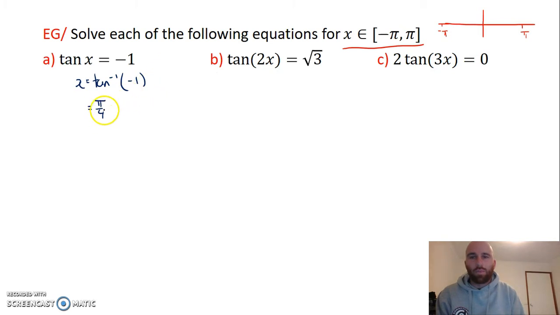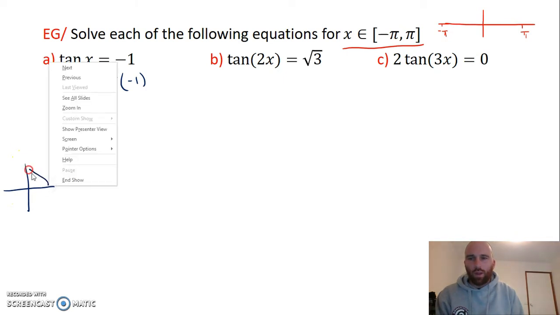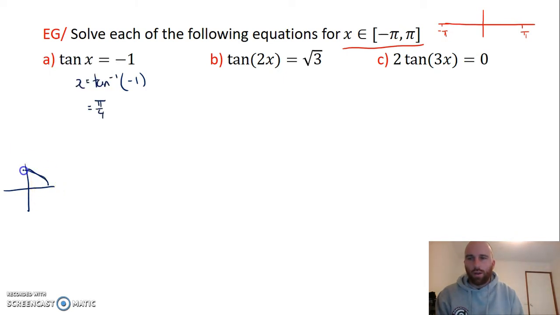That first value is obviously within that first quadrant, as we're going around from 0 to pi, with our first value at pi on 4.